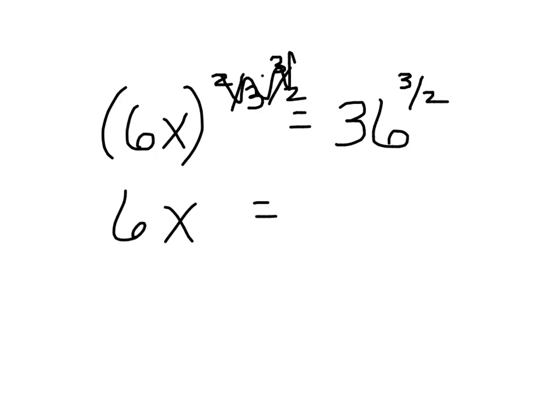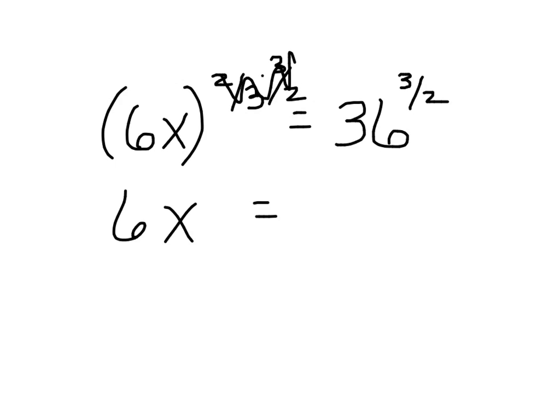Now, here comes the next part that people messed up with. 36 to the 2/3 is not 54. That's 36 times 2/3, not 36 raised to the 2/3. 36 raised to the 2/3 power can be done simply by typing it in your calculator.